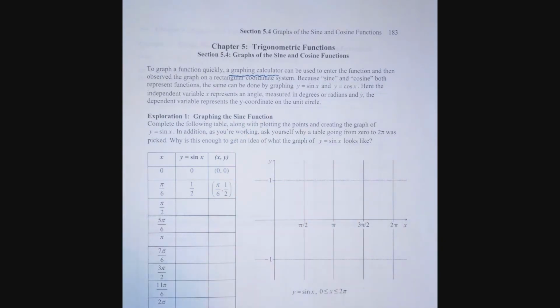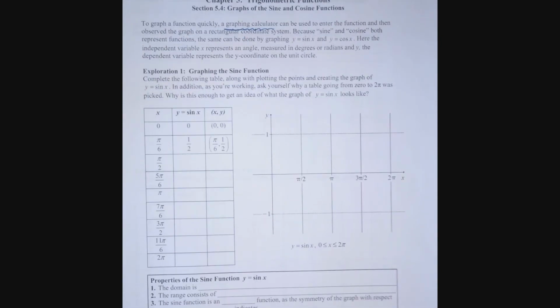Now, one thing you need to be aware of, as we start graphing trig functions, we are stepping away from the unit circle. Our rules that we start with apply directly to the unit circle, but once we step away, once we change the amplitude or have a phase shift or change the period, we have taken it off of the unit circle and we can't map it back onto that.